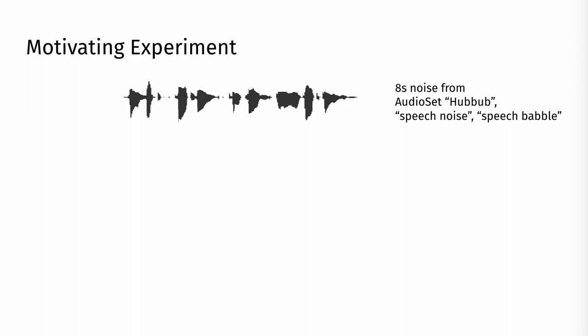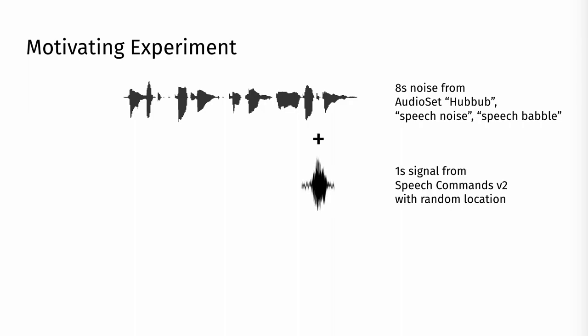So I started with the speech noise dataset from AudioSet, about 8-second noise, and a shorter 1-second signal, where we fine-tuned wav2vec 2 based on the label of this meaningful signal. And we randomly positioned the signal within a much longer noise audio.